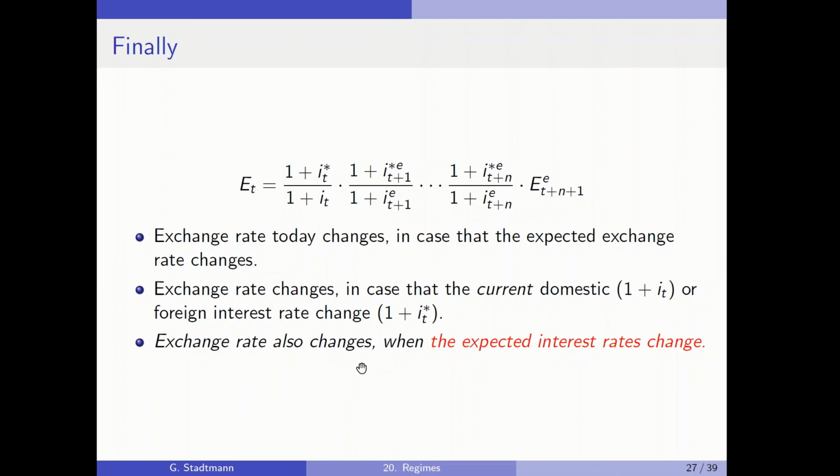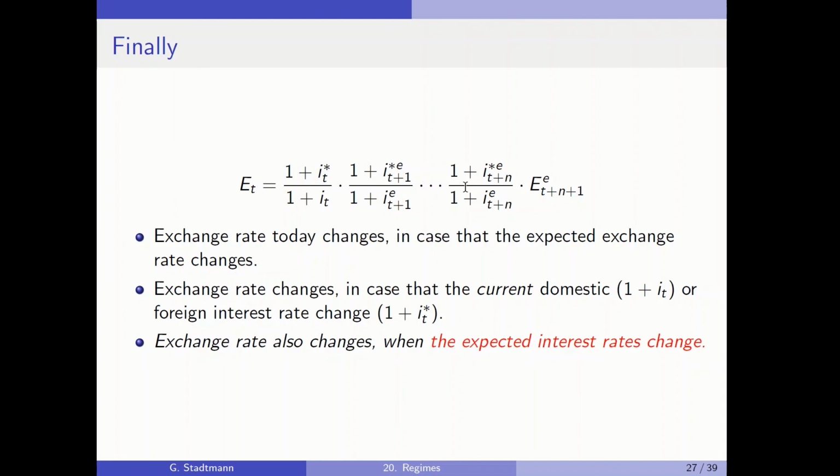And the exchange rate also changes when the expected interest rate changes. So in case that something happens here in the middle part of this expression. From the last bullet, we get to know that the exchange rate changes when the expected interest rate changes.